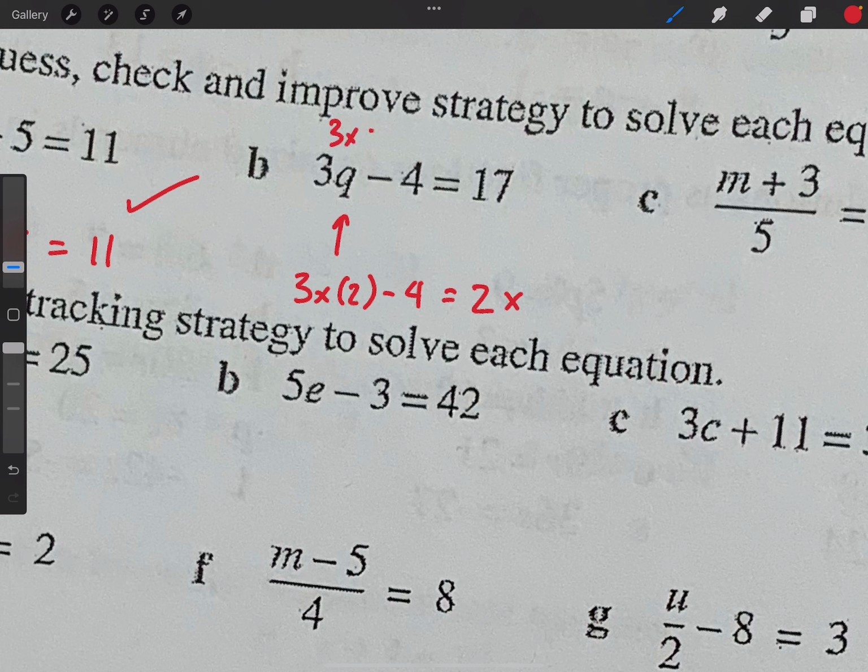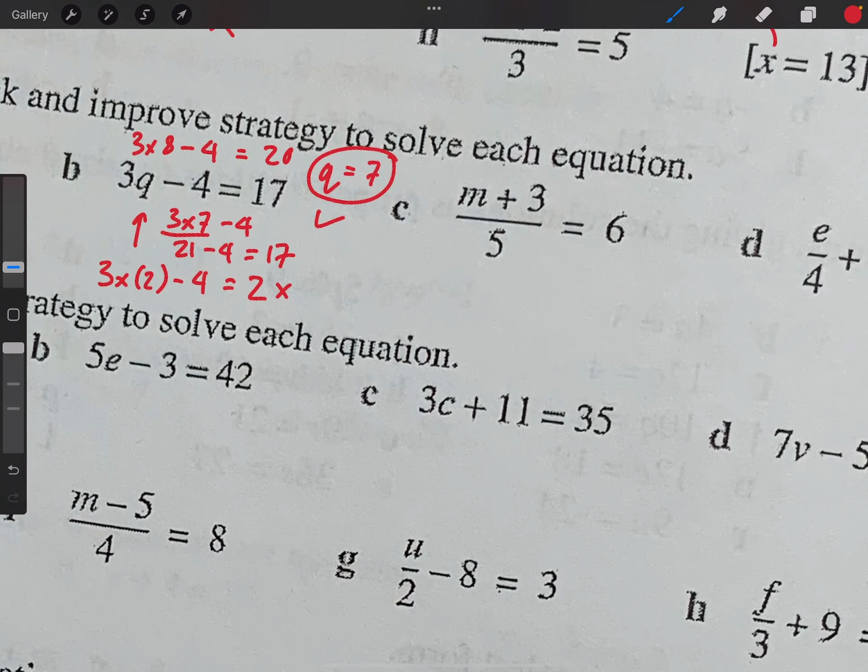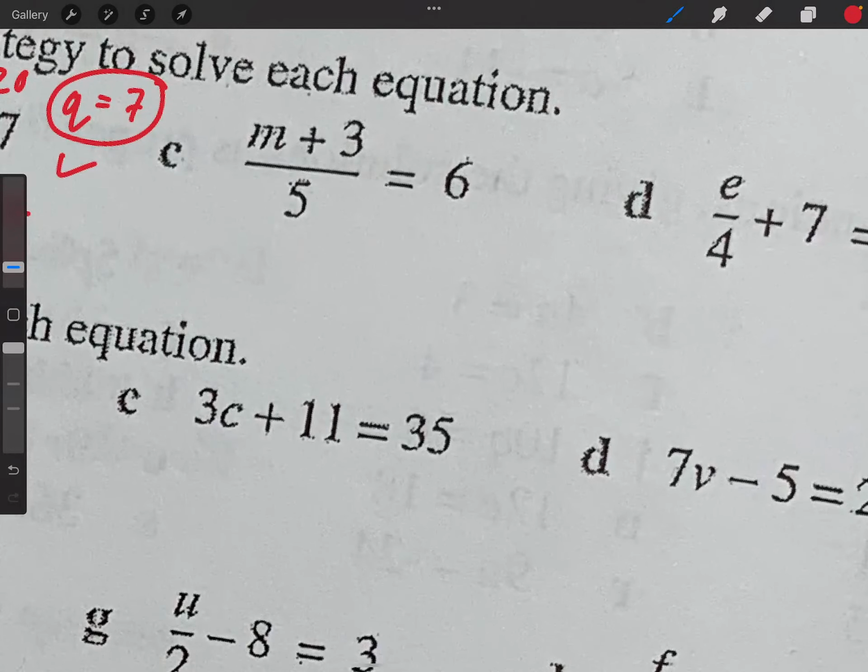So 3 times 8 minus 4, 3 times 8 is 24, 24 minus 4 will give me 20, so that's not going to work. Try 7. So 3 times 7 minus 4, 3 times 7 is 21, 21 minus 4 is 17, which is correct. Therefore, q has to equal 7 for this equation to work.